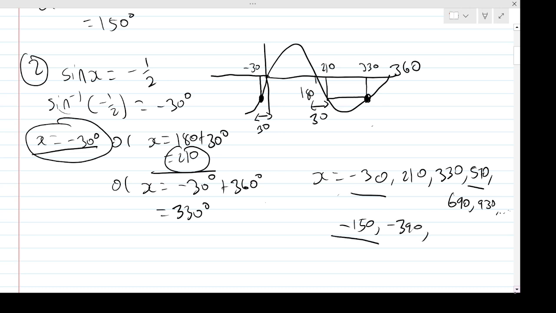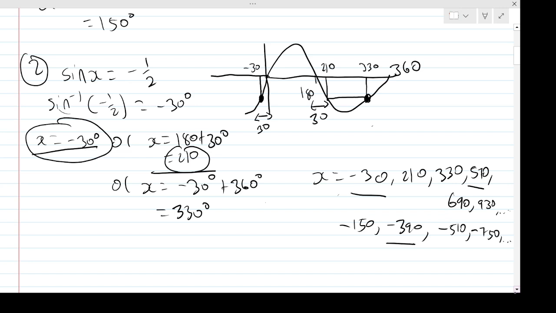And then I can just keep minusing 360 away, right, from all of this. So minus 150, take away 360, I get minus 510. And I can do the same there, minus 390 minus 360 will be minus 750.